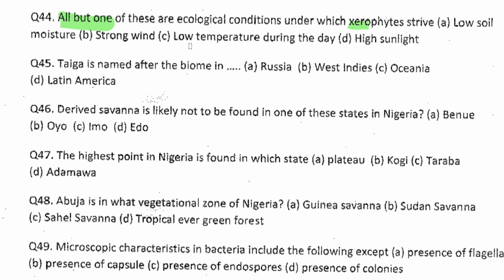So if the place is dry, then there cannot be low temperature during the day. So the answer is low temperature during the day. Remember the question says all but one, meaning which of them is not a condition for xerophytes. During the day, there is always very hot sun, high temperature.